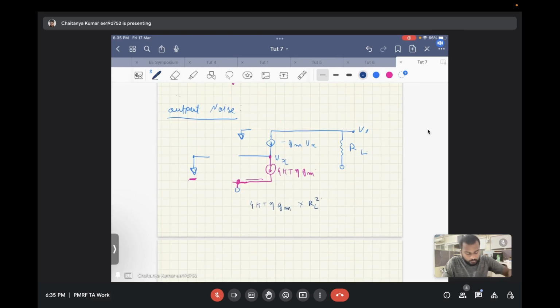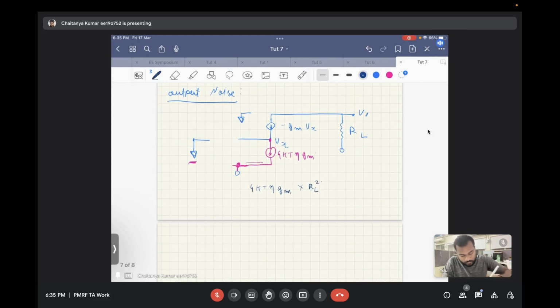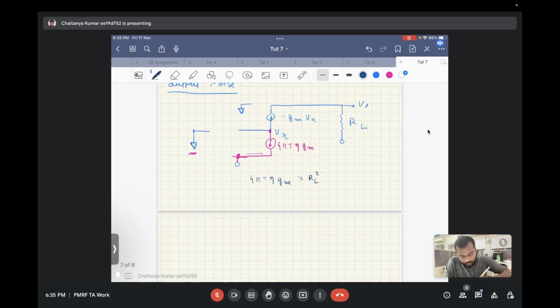Now, noise for this particular noise source has been found out. Understood? Now we will try to find it for the resistor.